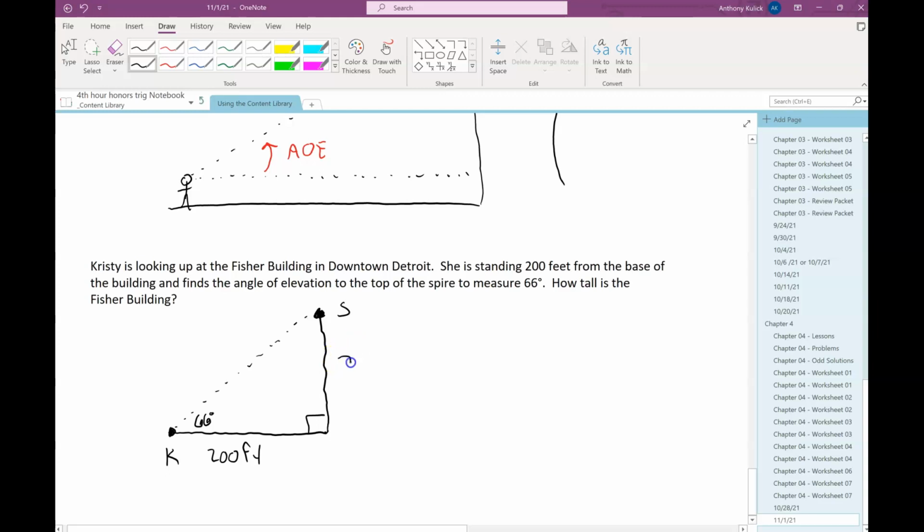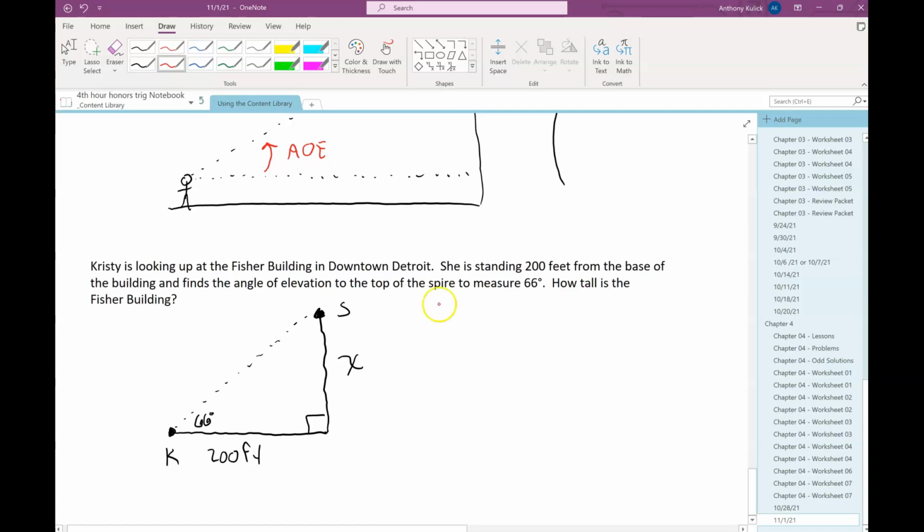Okay, and we're looking for how tall the building is. Basically what this story problem boils down to is a right triangle where we know an angle and a side, and we're looking for the length of another side. What would I use to solve this kind of problem?